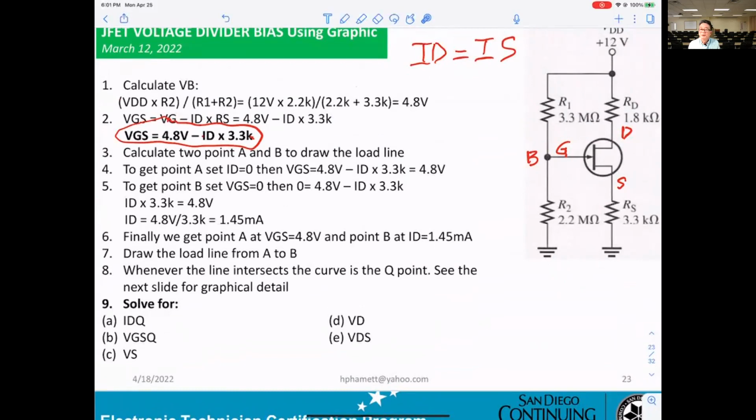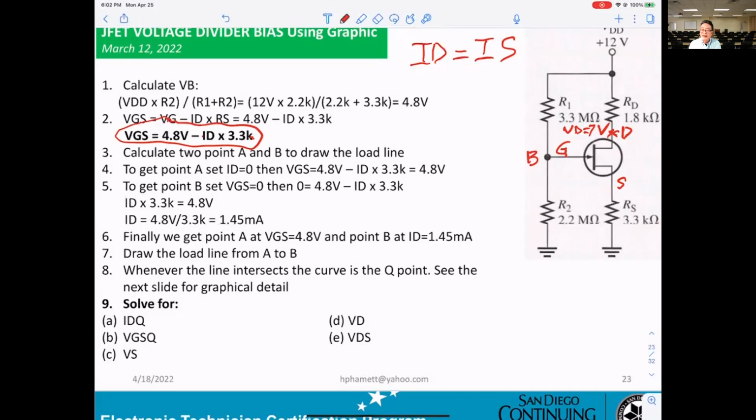So if they don't want to give you the graphic, then they have to give you something else. Let me give you an example. They say, okay, I give you VD equal 7 volt. Now you don't need the graphic.